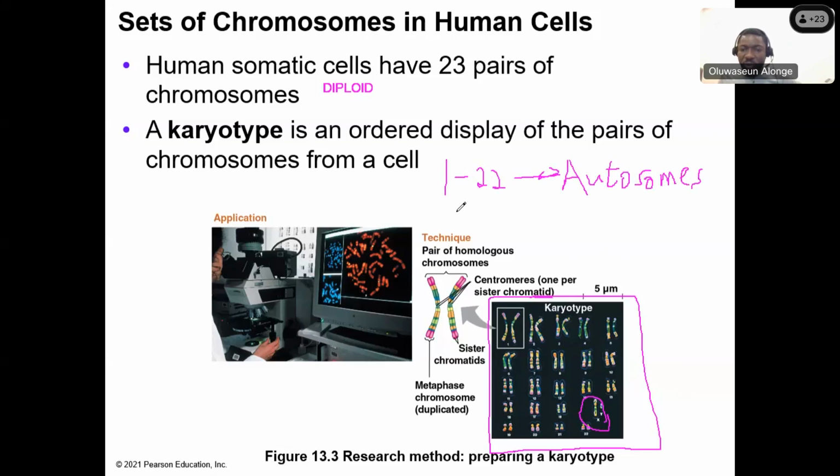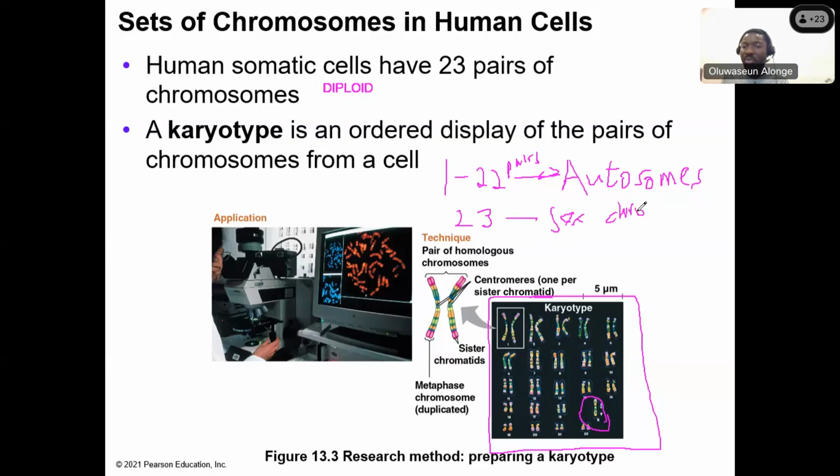And then the chromosome on position 23. Now, 1 to 23 means 1, 2, 3. So that means 1 to 23 pairs, right? Maybe I should put pairs there. 1 to 22 pairs, we call them autosomes. And position 23, we just call them sex chromosomes.